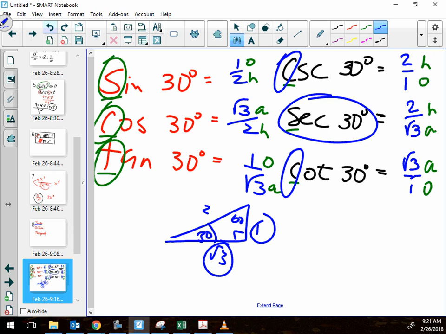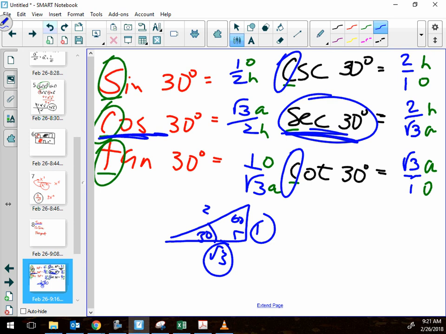Do you get why your calculator does not have a secant button on it then? Why would you even need a secant button? Because you're just going to do what? Not secant, but cosine. Because that's the flippin' sister of secant. You've got to know that, though. The calculator doesn't tell you that anywhere. You've got to know which ones are the flip of each other.